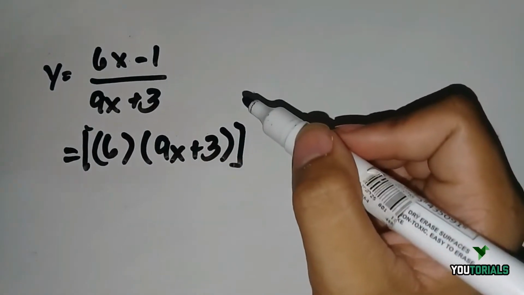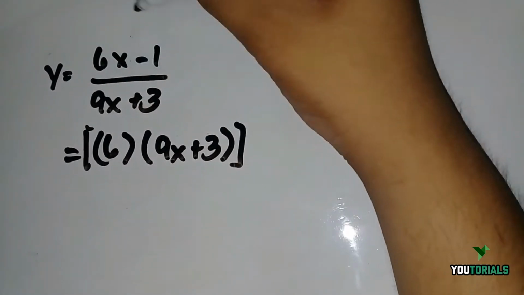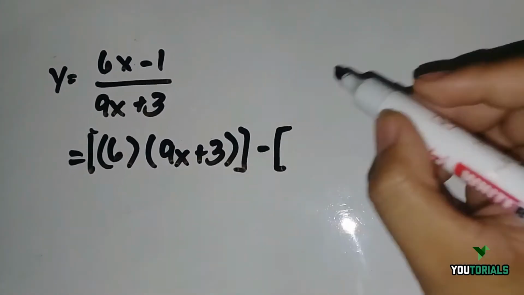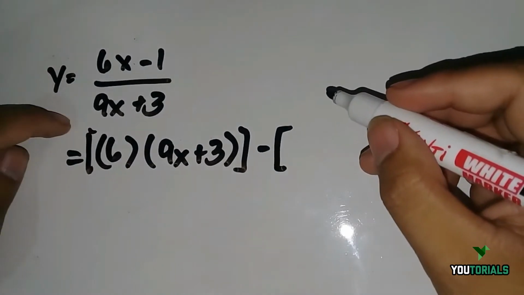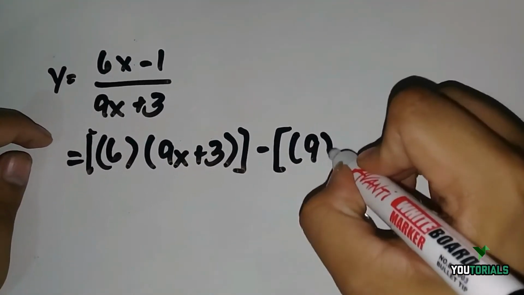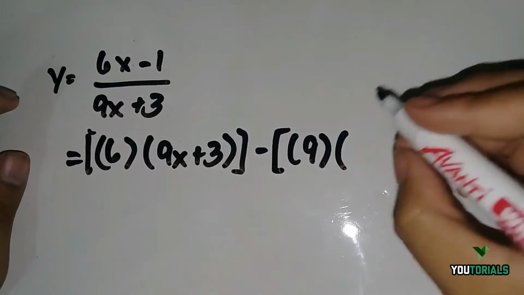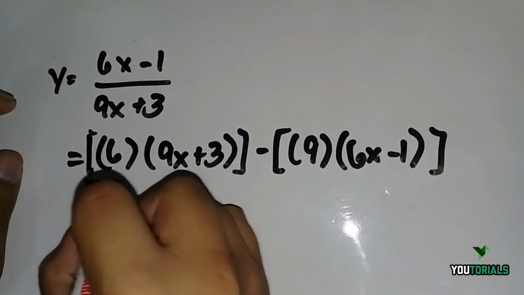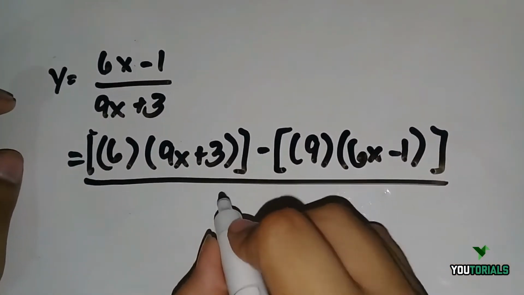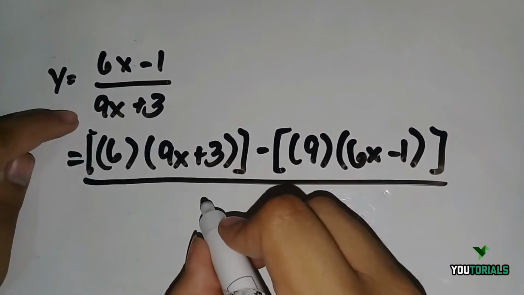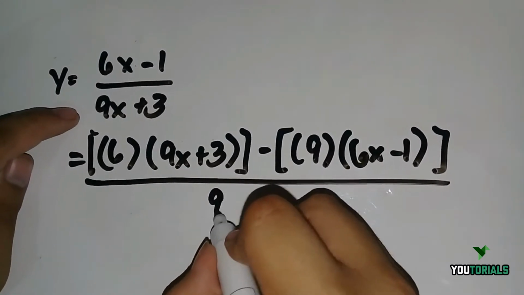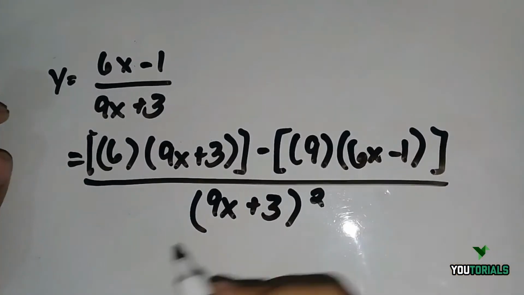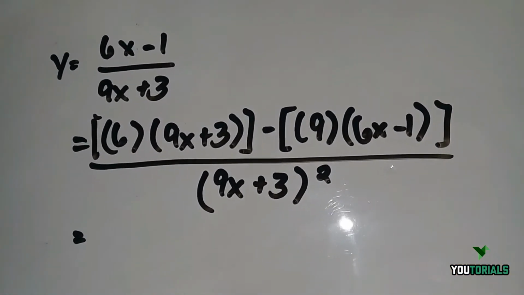So according to the formula earlier, we would be taking the derivative of this and just copy this. Next, we're going to subtract the derivative of the denominator, which is 9. Then just copy the numerator itself. Then divide it all over the denominator, which is 9x plus 3, and then we'll just square it. There we go, and we'll answer it.